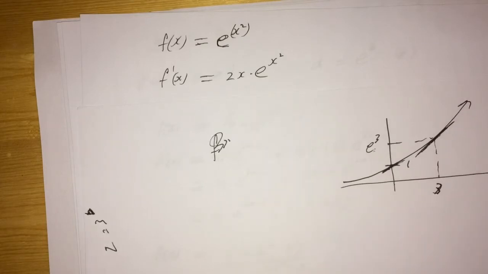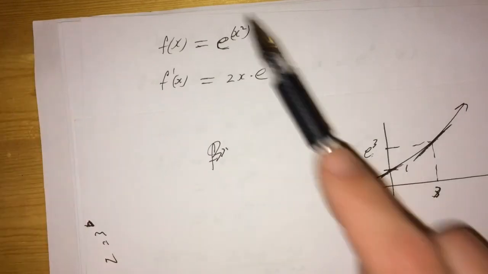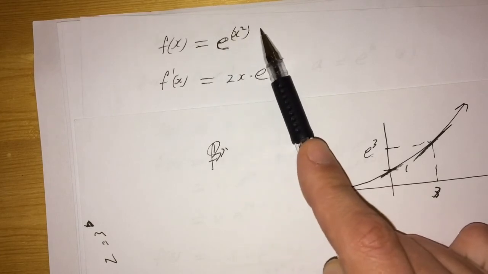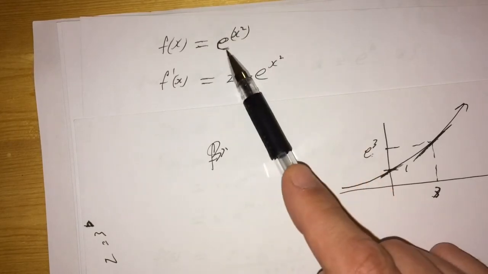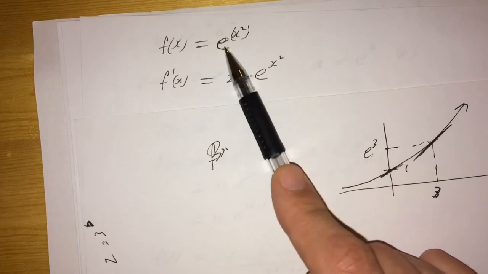The inside of this function is x squared. A lot of people want to bring down this exponent and then subtract 1, to get x squared minus 1. That is incorrect, because the e is not the variable. You can't do that because that's not the variable.